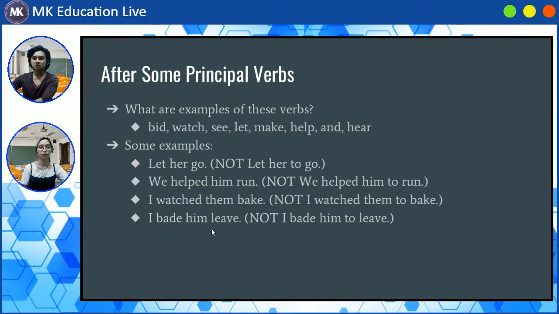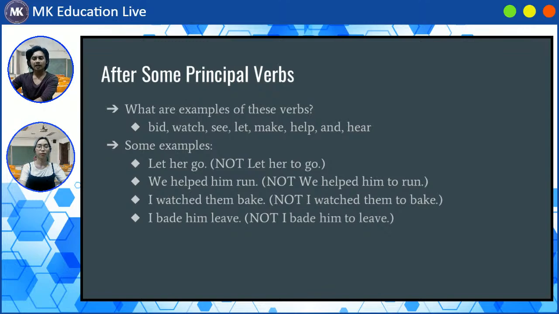After some principal verbs. Principal verbs are the main verb of the sentence, or the action of the subject. Now, what are examples of these verbs? These verbs include bid, watch, see, let, make, help, and hear. For some examples, we do not use the to infinitive, but we use the bare infinitive.